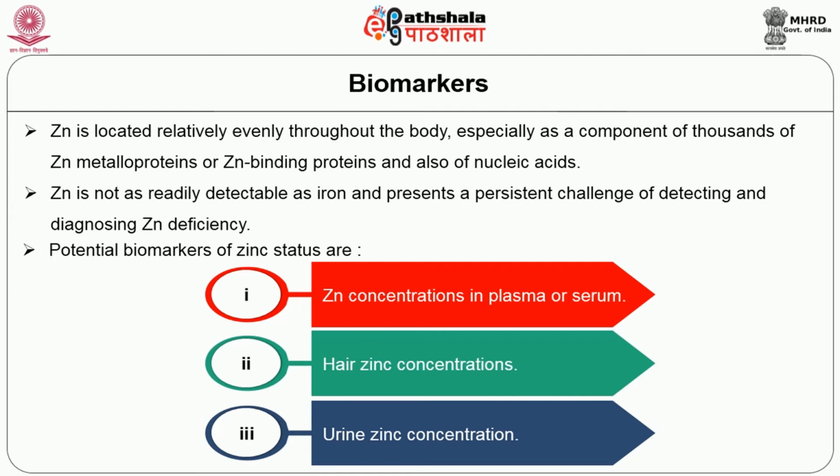This is in equilibrium with various tissues, and that homeostasis keeps the circulating zinc at an appropriate amount. So, measuring plasma zinc or serum zinc is a biomarker. If there is a decrease, you can say that the individual is going into zinc deficiency, and they go into serious complications of growth retardation, and also in pregnancy, of course, it can have serious complications.